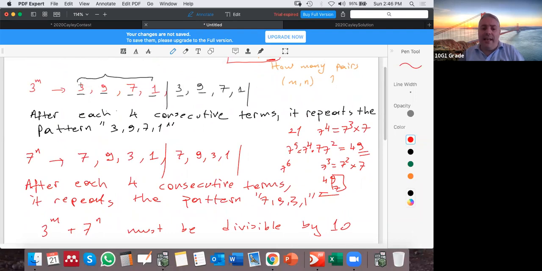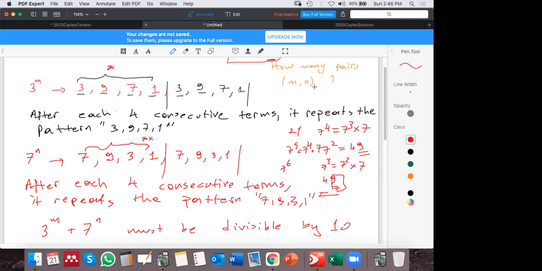Since 3 to the n always gives these numbers, and 7 to the n always gives these numbers, how can I pair them? How can I get ordered pairs like m comma n such that their sum will end in 0?